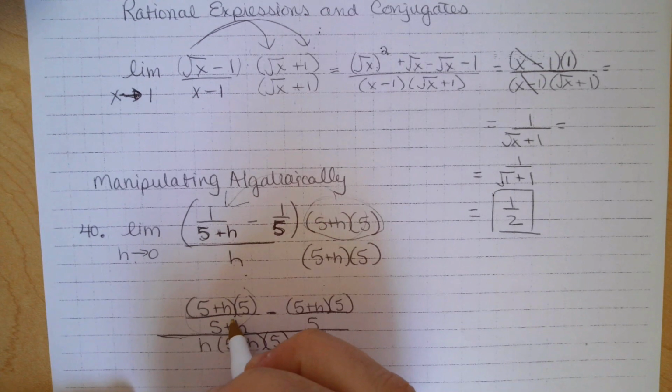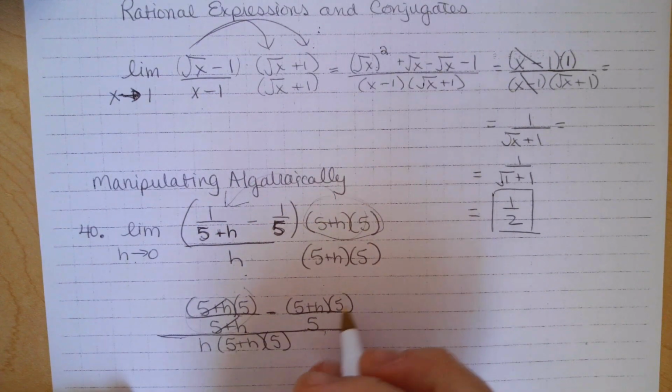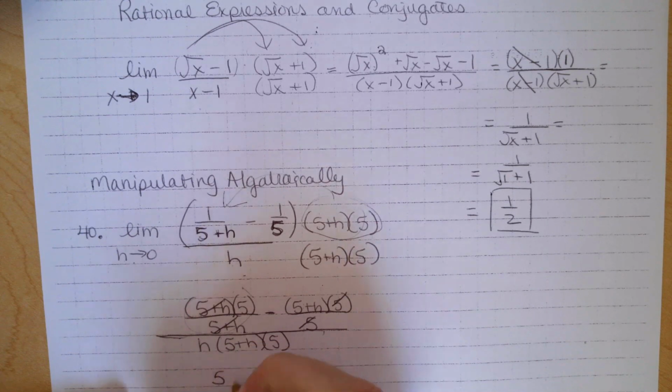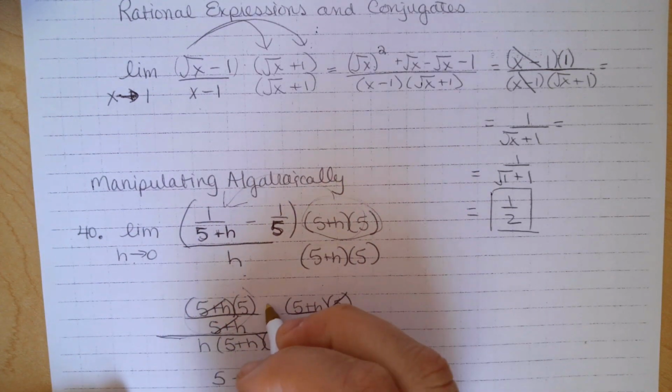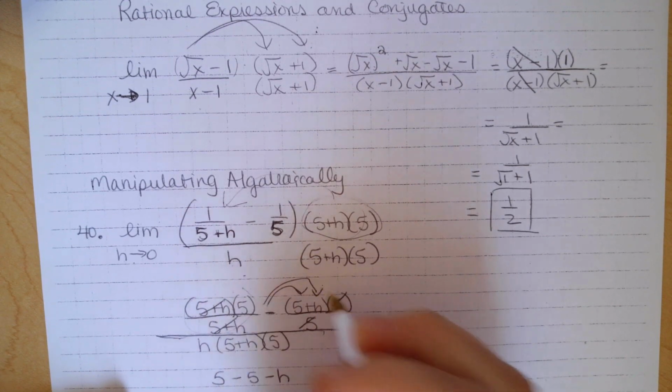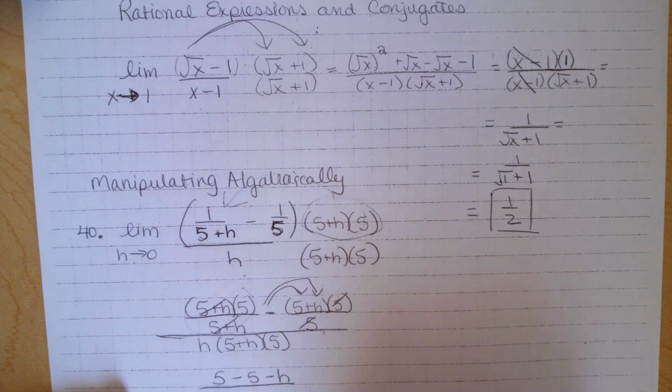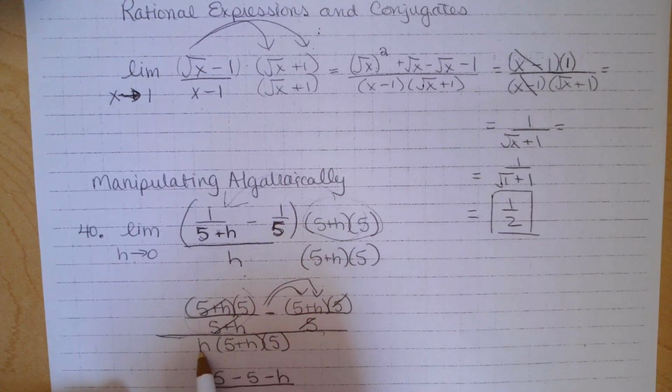And so this is going to cancel with this. This cancels with this. And we get 5 minus 5 minus h. Where did I get this? I'm distributing this negative. Okay? And then on the bottom here, I'm going to go ahead and distribute all of this in.